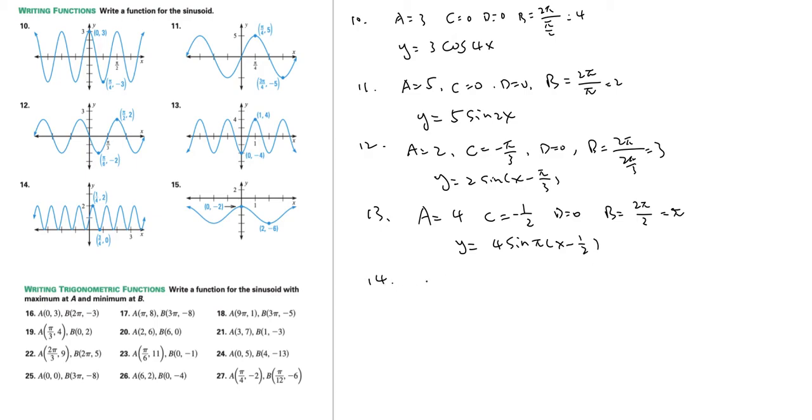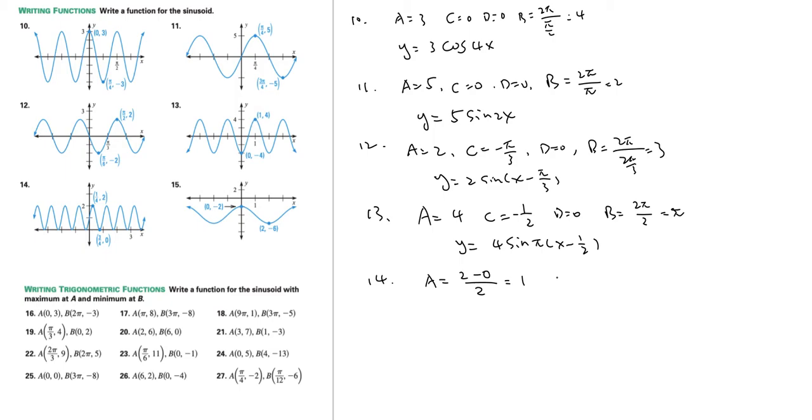Okay, 14. Now the amplitude: we go up to 2 and go down to 0, so it's 2 minus 0 divided by 2, because from maximum down to minimum it's taken twice the amplitude, so you divide by 2, and that gives you 1.